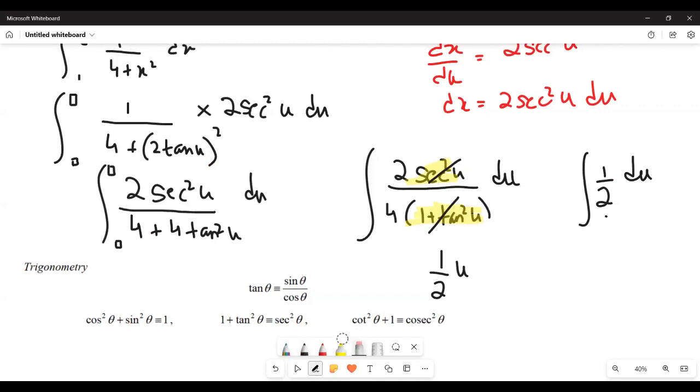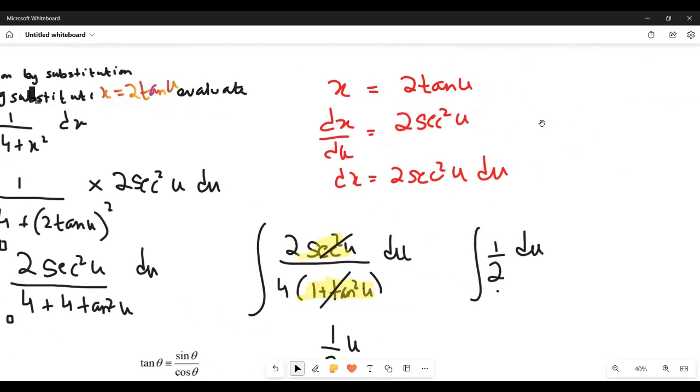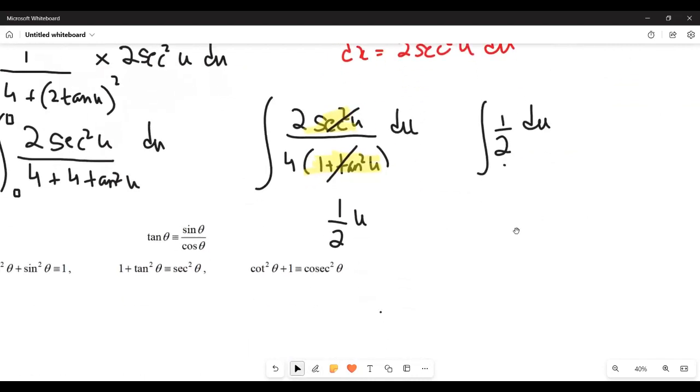Okay, so I'm going to replace the u with, what will it be replaced with? u will be replaced with tan inverse x upon 2. Make u the subject, u equals tan inverse x upon 2. So we get half tan inverse x upon 2.